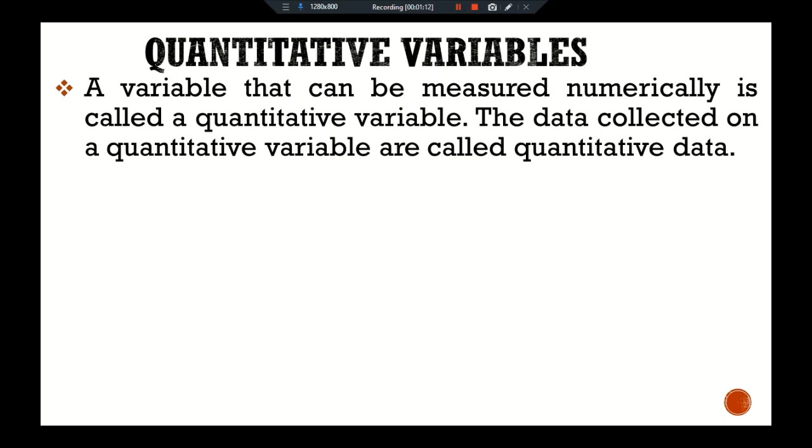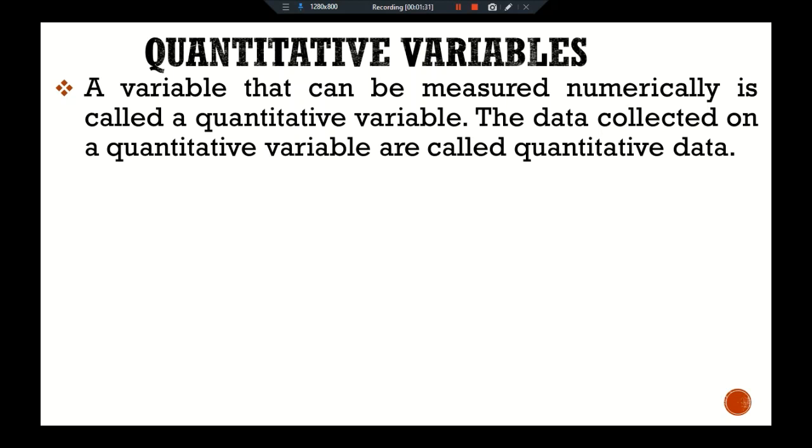And the gross sales for a company may be 100 million, 200 million, 500 million for the past year, and so forth. Such quantitative variables can be classified as either discrete variables or continuous variables.